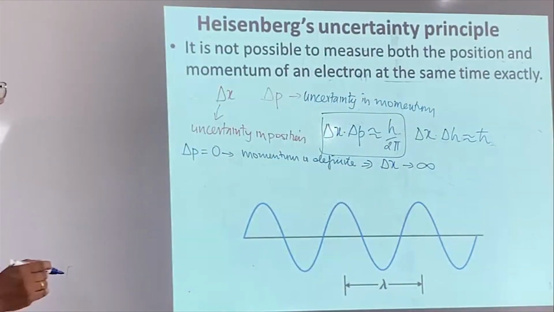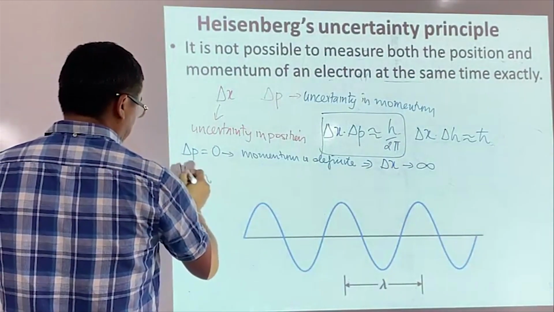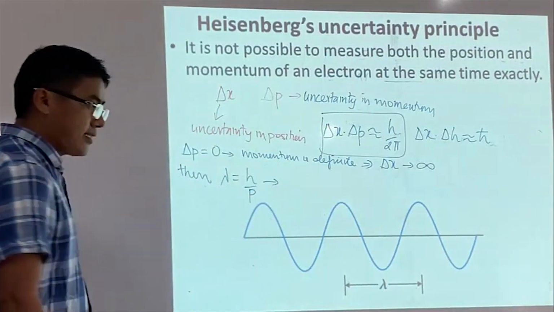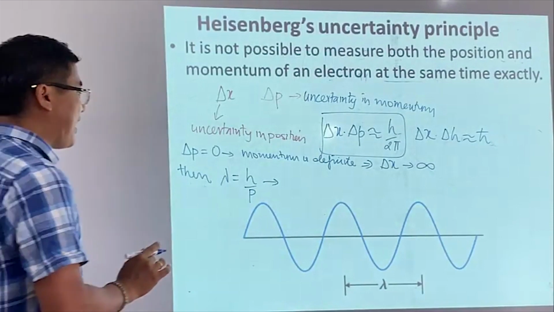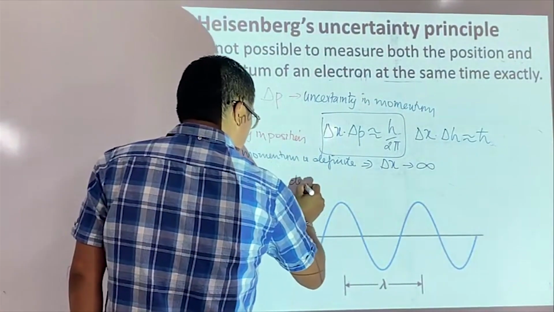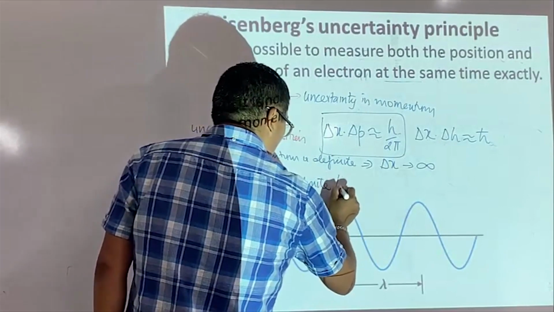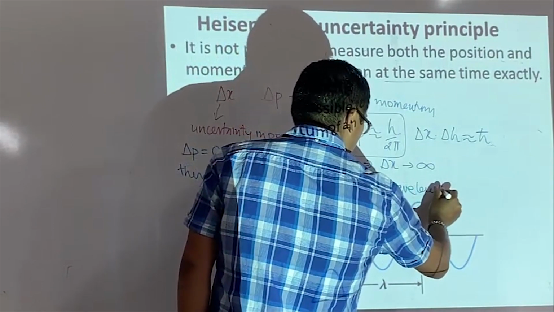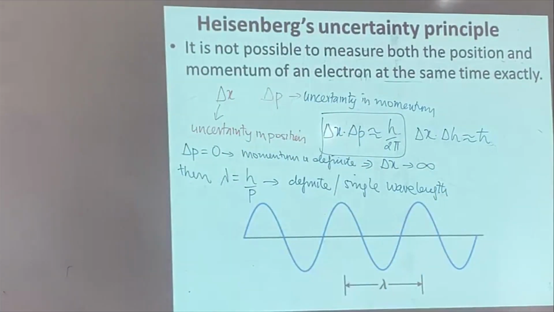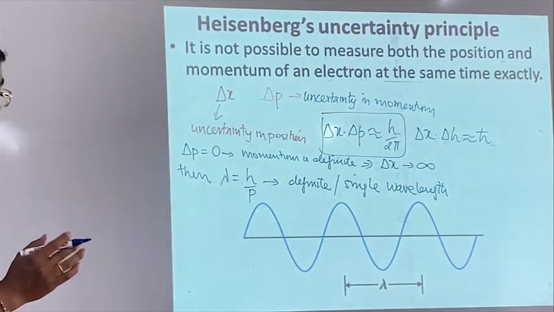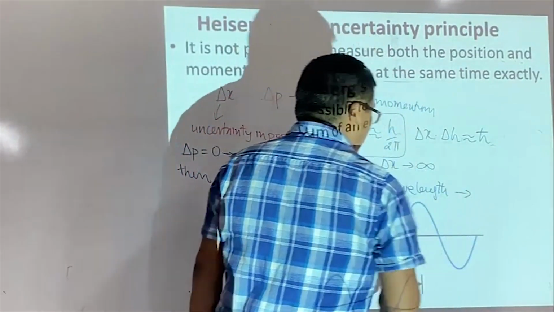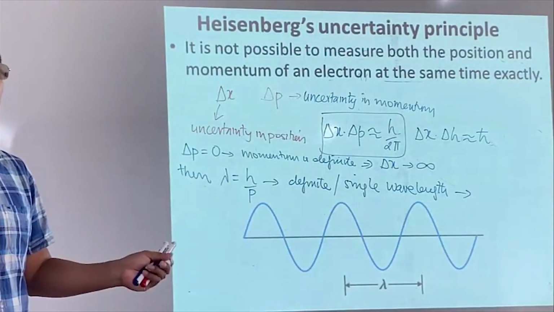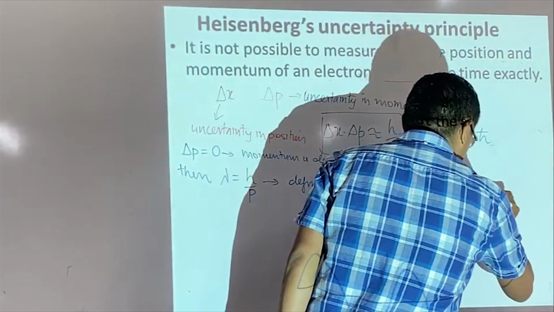If the momentum is definite, then in the de Broglie wave equation, the particle has a single wavelength. And this single wavelength also tells us that the probability of finding the particle is everywhere. That means it is delocalized, right?